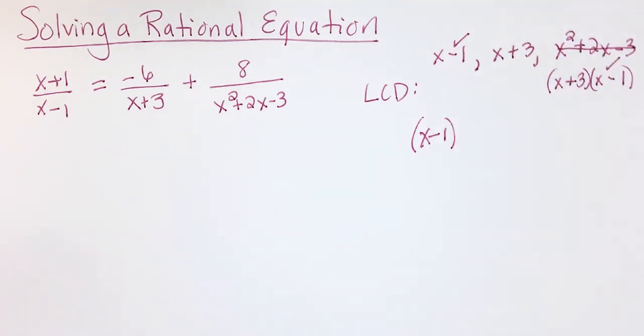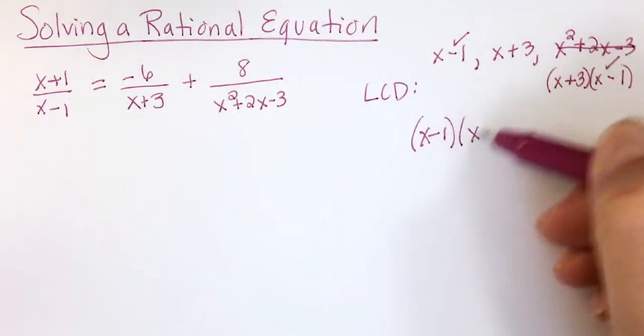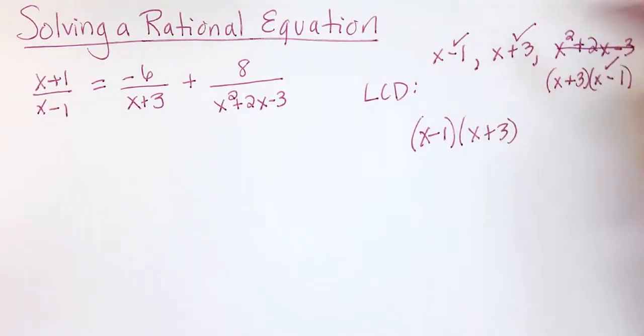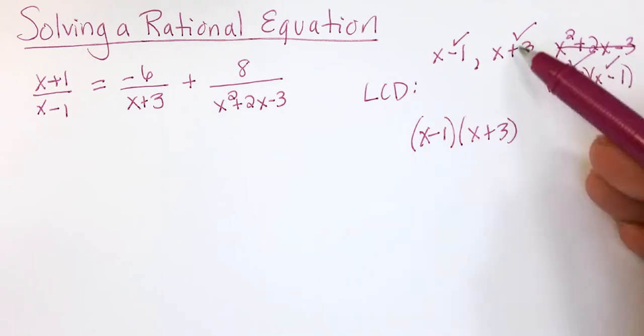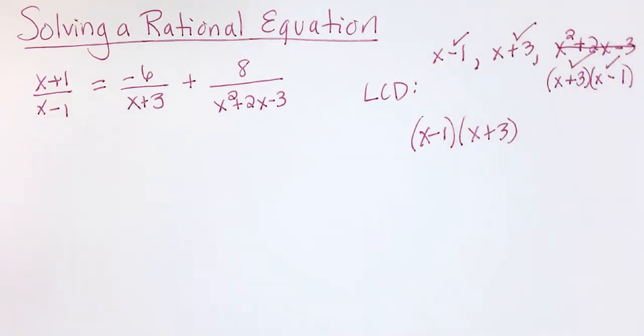So anytime that you're using something in your LCD, you don't have to write it again if it shows up later. All right, now we need an x plus 3, and that's going to take care of that one and that one. So notice, again, even though it was here and here, I only wrote it one time, and I don't have to write it twice, even if it shows up later.